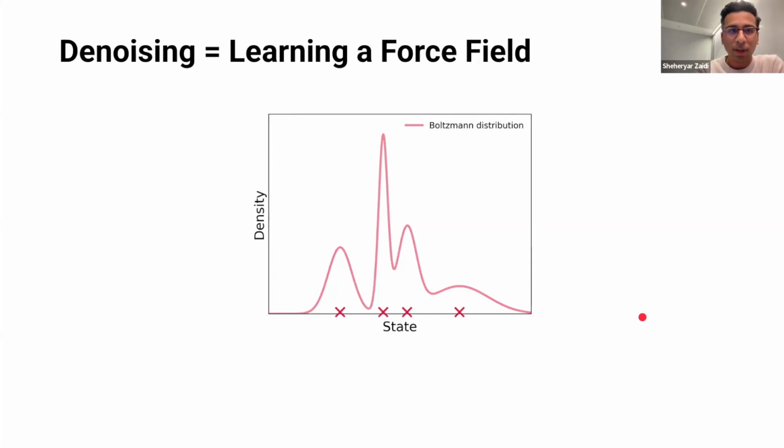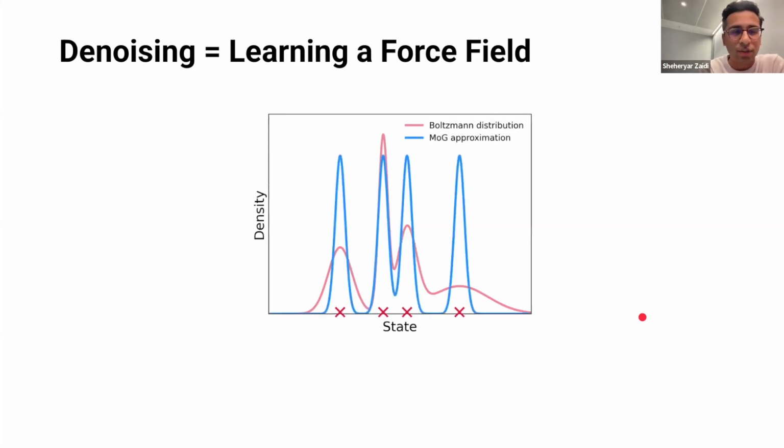One of the simplest things you can do is place a mixture of Gaussians at each of those modes. This is the minimal possible thing you can do with this little bit of information, which is that this blue distribution at least approximates the red distribution, in that wherever the red distribution has a mode, your mixture of Gaussians will have a mode approximately in the same place. So this is the minimal thing you can do.